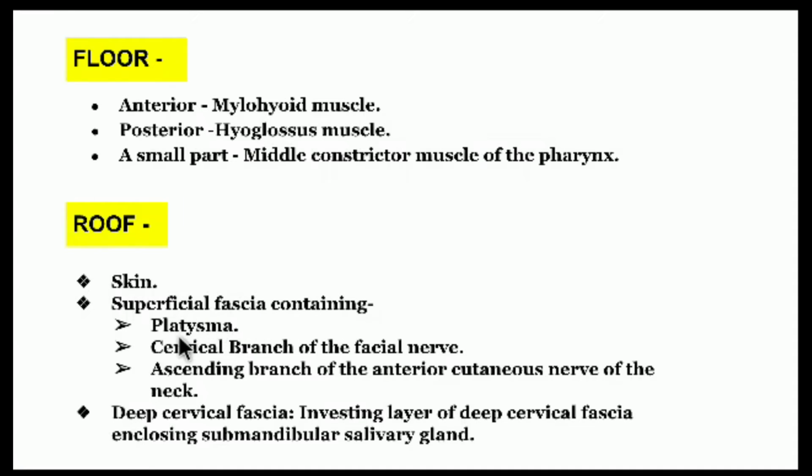Here, platysma is common, cervical branch of facial nerve is common, but the ascending branch of the transverse cutaneous nerve of neck is different. The deep cervical fascia again consists of the investing layer of deep cervical fascia enclosing the submandibular gland. The investing layer is just a layer which encloses glands and some structures to protect them.